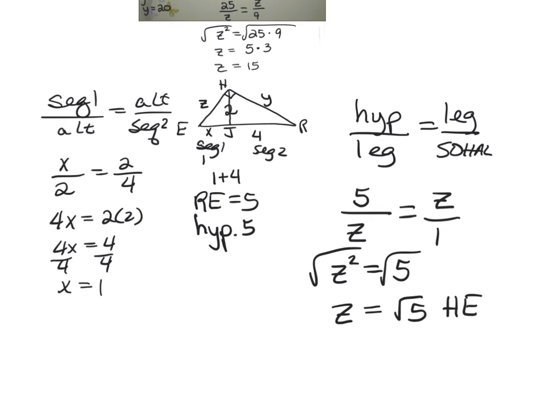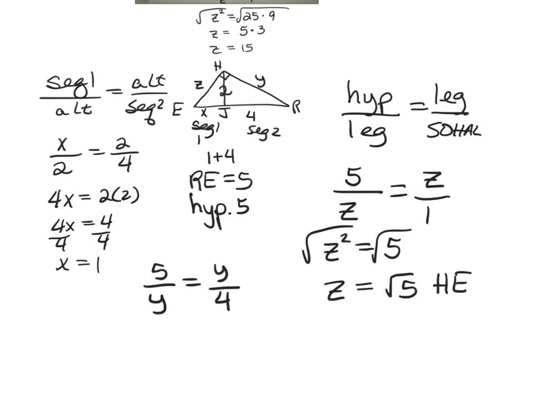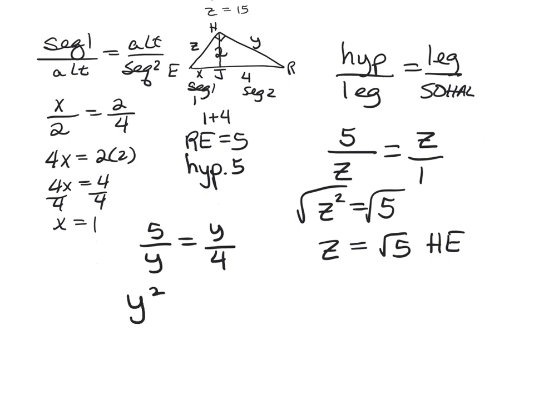To find Y, which is HR, again, I'm going to do the hypotenuse over the leg, leg over the segment. Y squared equals 20. I'm going to square root both sides. Now, again, if you'd rather leave this as 5 times 4 and then break it down, break this to 2 times 2.